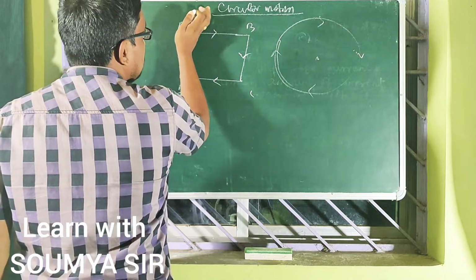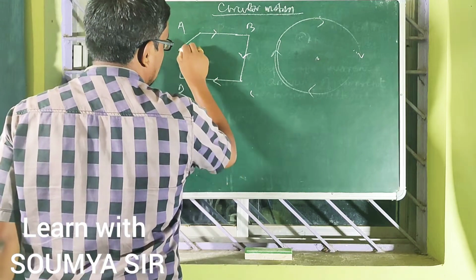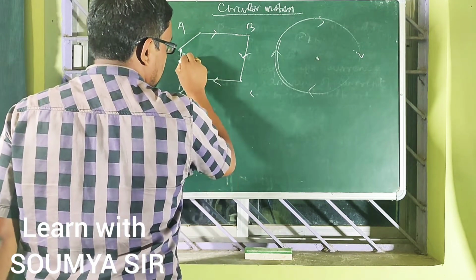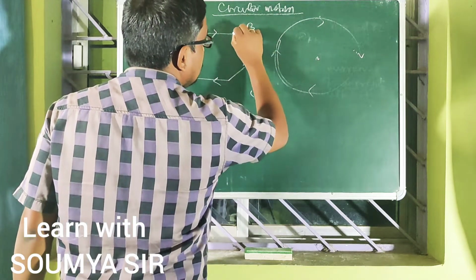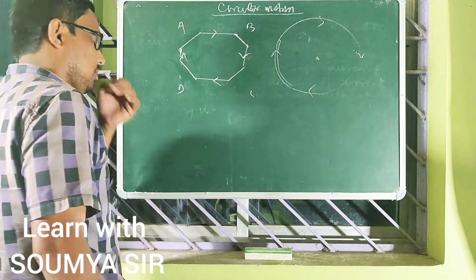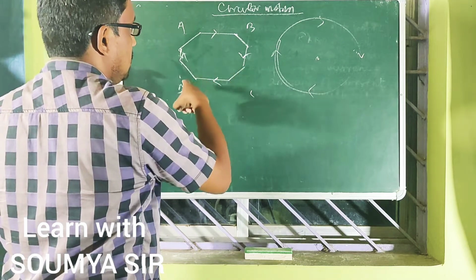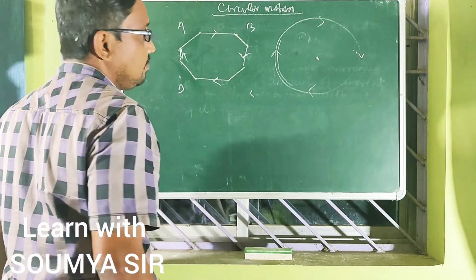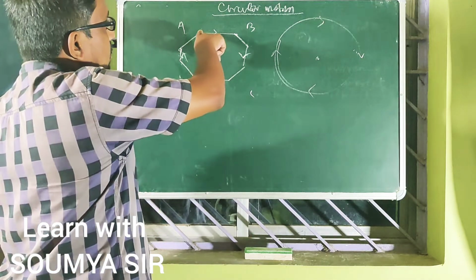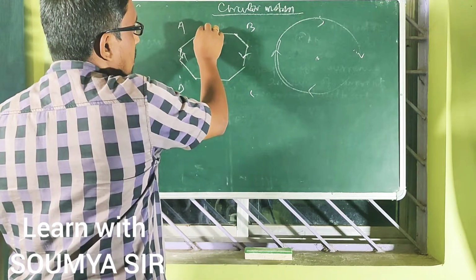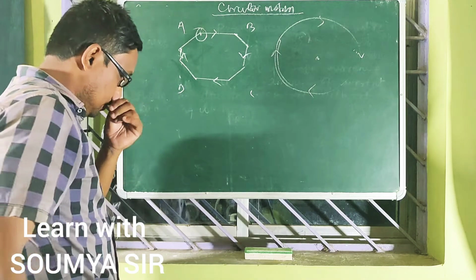What I will do, I will just erase this. Now see here, this became an octagon. The body will start from this point, revolve and reach the final point.